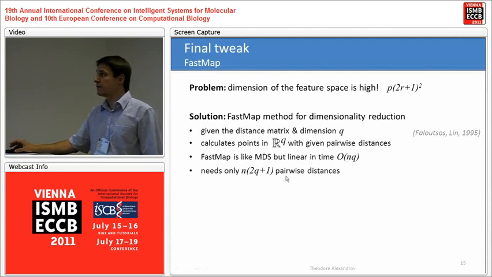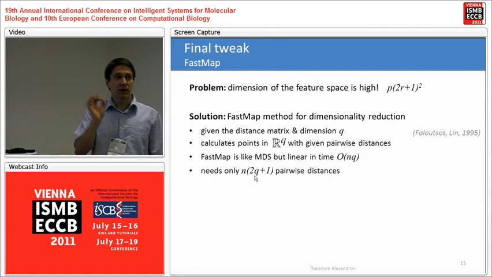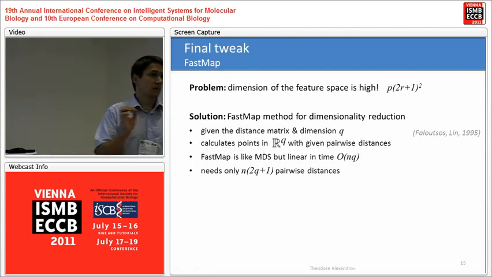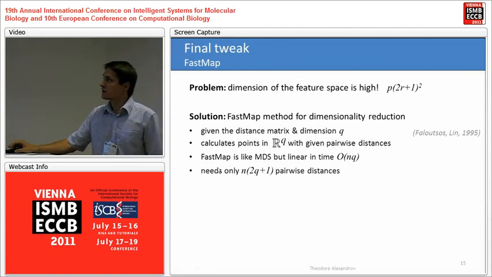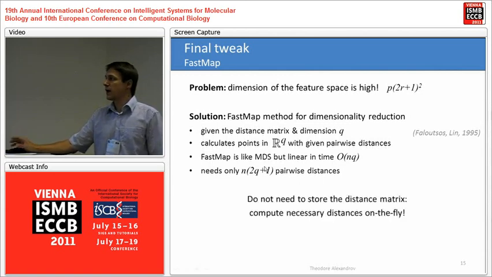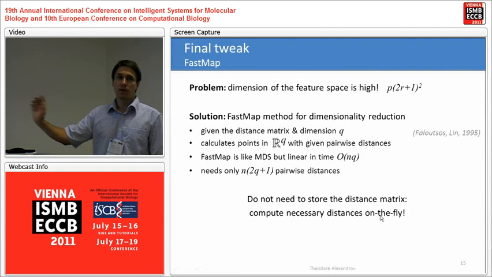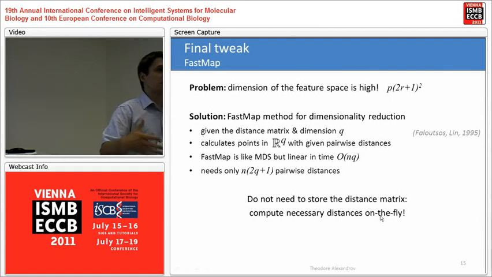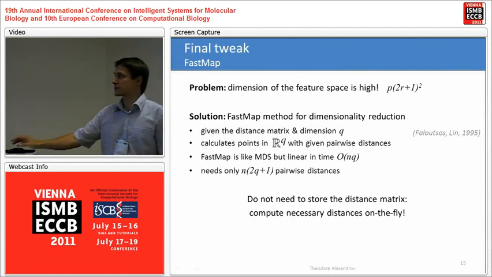What is even better, it needs really few distances. It needs to calculate just n times (q+1) pairwise distances, which is really great for us. I will show why. And so we do not need to store the distance matrix. We can just compute them on the fly. That means we get rid of storing this huge distance matrix.